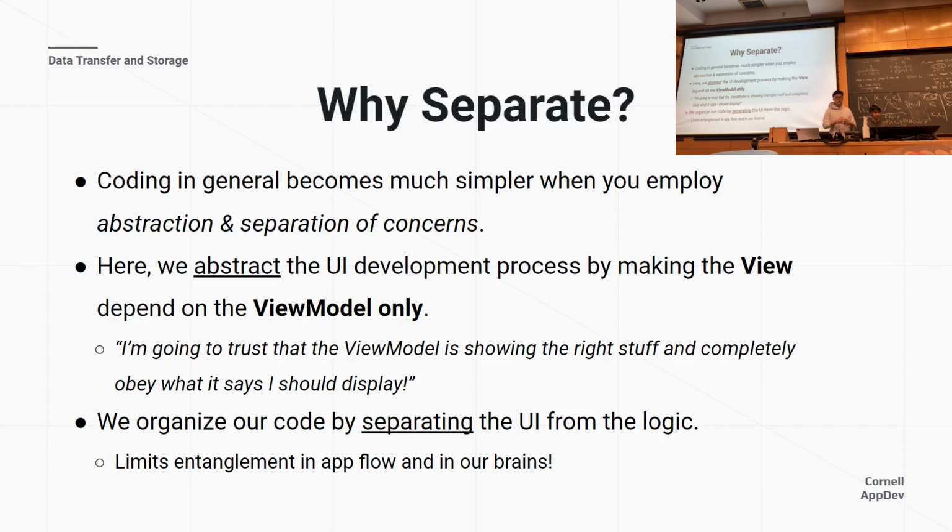So there is a clear separation or division of labor between you and these other coders. Finally, we're organizing our code by separating the UI from the logic, which limits the entanglement of the app flow and also in our brains.